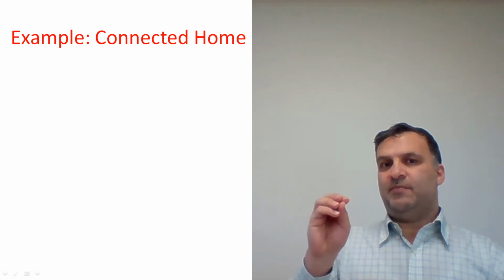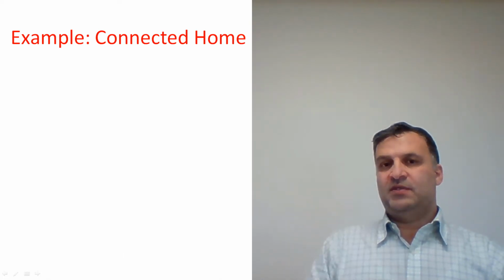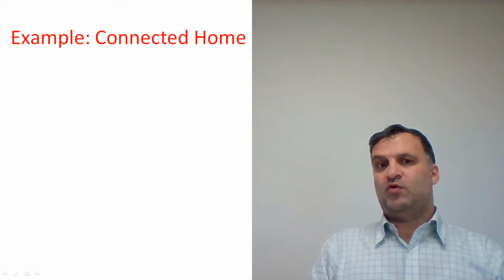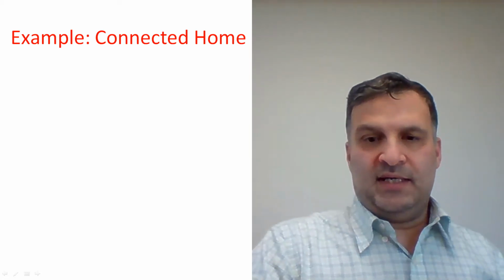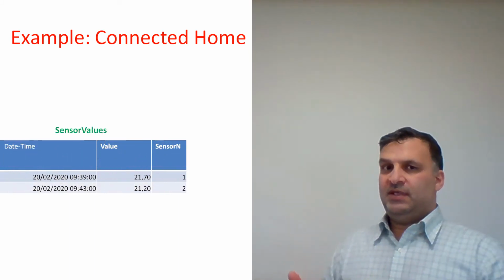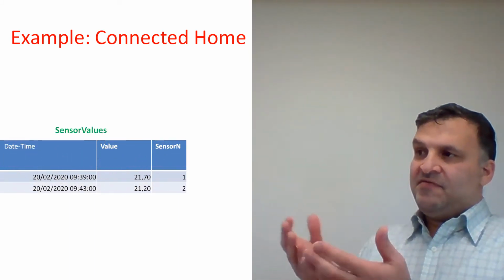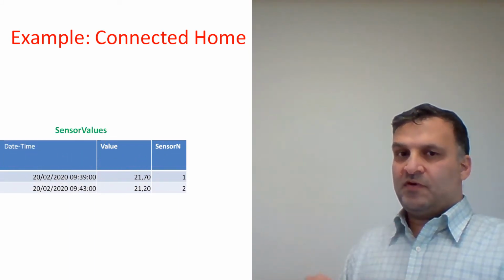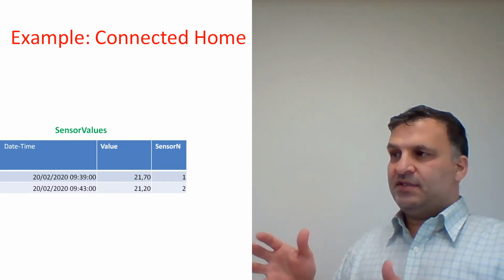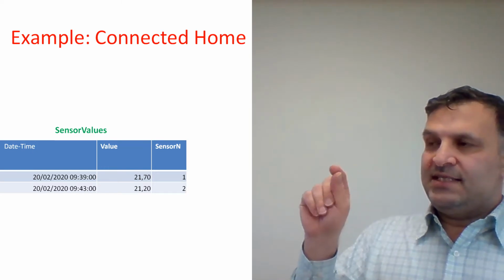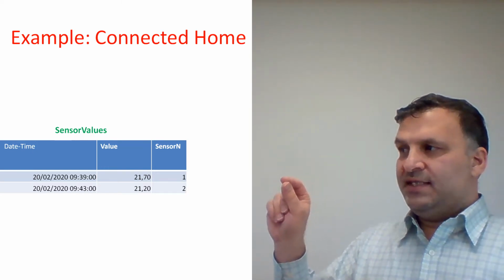We fix some of them in the rooms to understand the behavior of the rooms and the apartment and the neighborhood, etc. So one useful table in our project may have this form. We have a table that is related with some sensors, we put date, time, value, and sensor number.